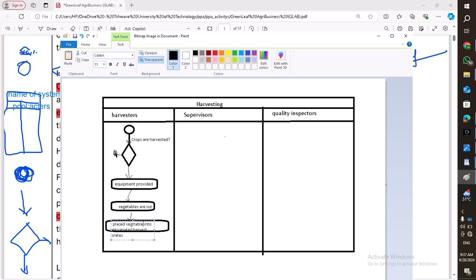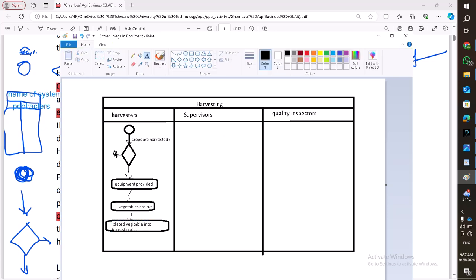Place vegetables into the harvest tray. Avoid using unnecessary information; information that is unnecessary, always avoid it. I don't know if you see, but you understand. And then the other thing you have to move.